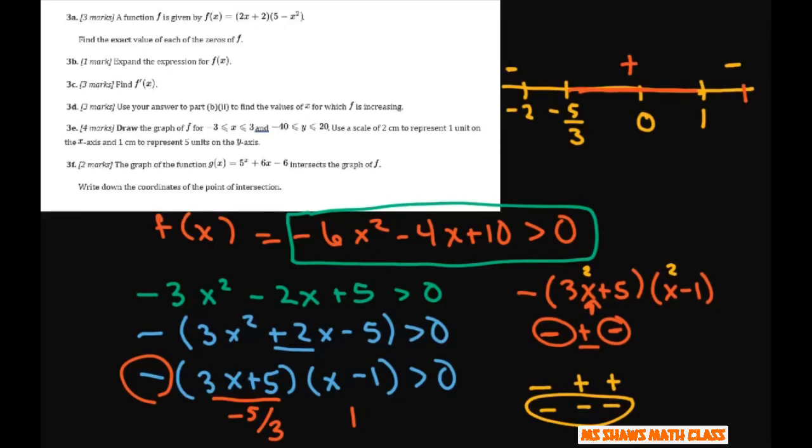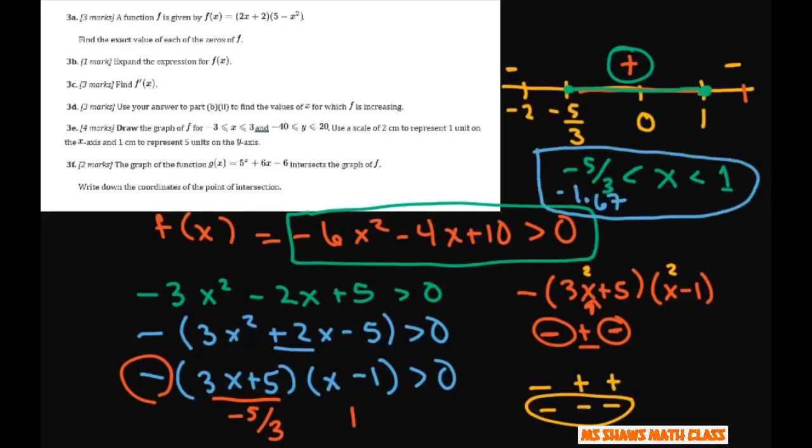So where it's increasing is in between these 2 points, because that's positive. It's increasing, so it can't equal it. So x is in between negative 5/3 and 1. You can also write this as negative 1.67 if you put it in the calculator. So there's where it's increasing.